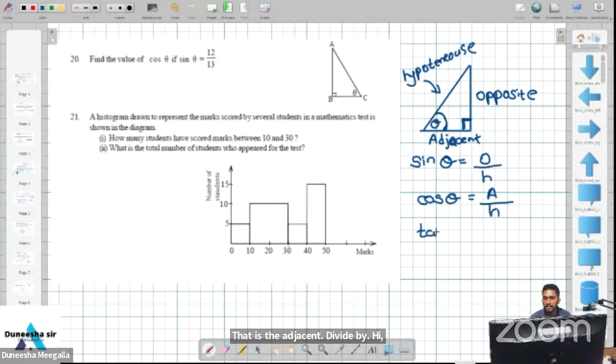Tan theta equals opposite side divided by adjacent. Okay. Can you write sin theta, cos theta and tan theta?